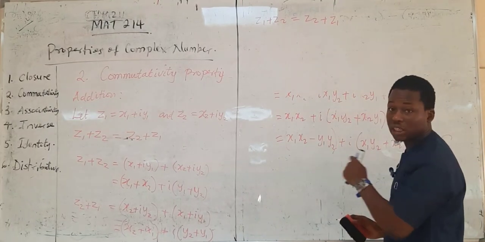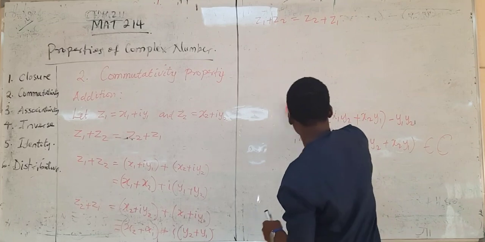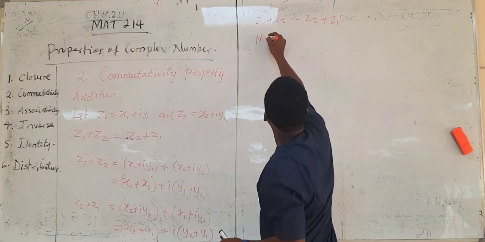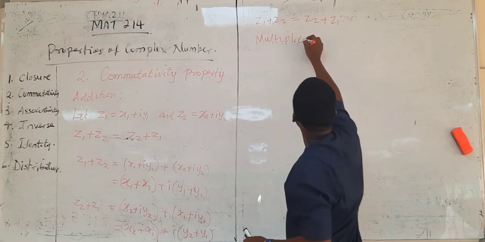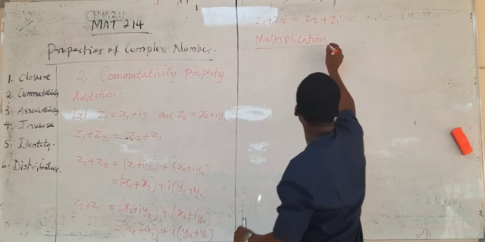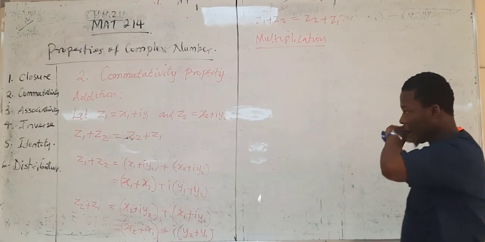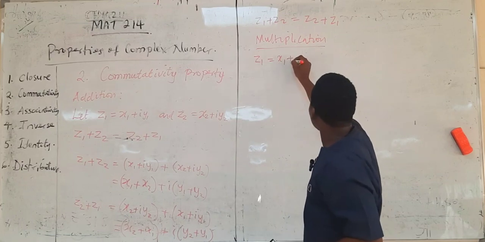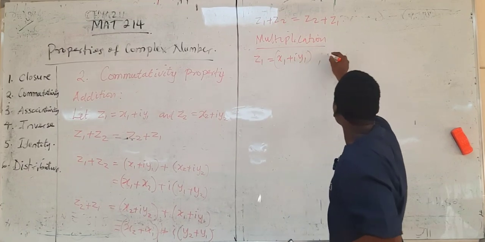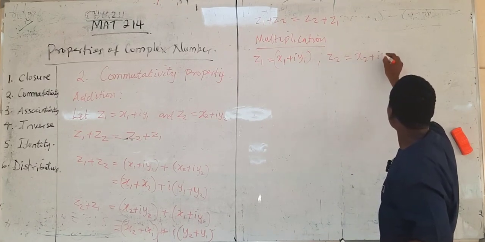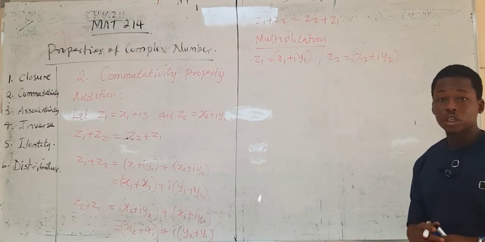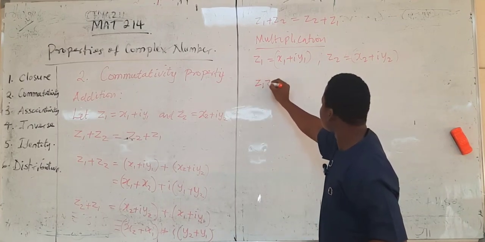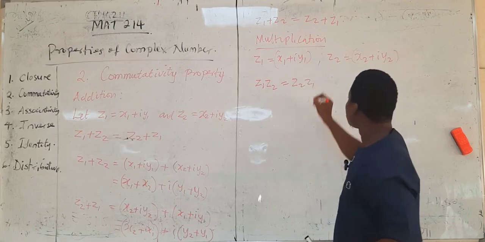Now for multiplication, we have that z1 is equal to x1 plus iy1, z2 is equal to x2 plus iy2. Now, we need to show that z1z2 is equal to z2z1.